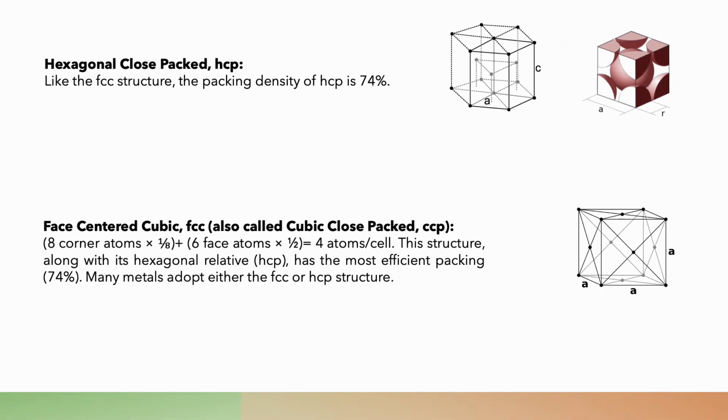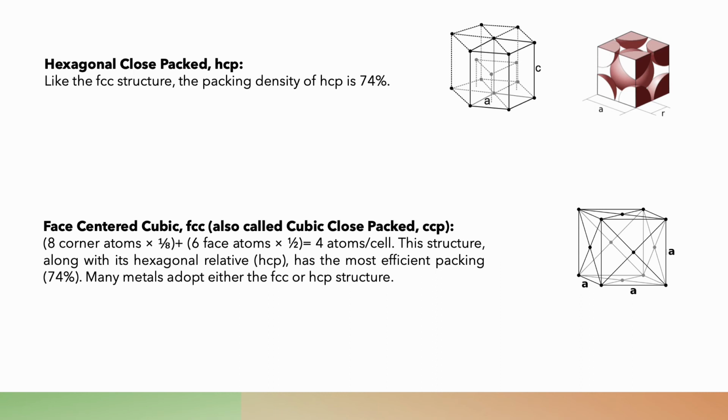Hexagonal close-packed HCP. Like the FCC structure, the packing density of HCP is 74%. Face-centered cubic FCC, also called cubic close-packed CCP. 8 corner atoms multiplied by 1/8 plus 6 face atoms multiplied by a half is equal to 4 atoms per cell.